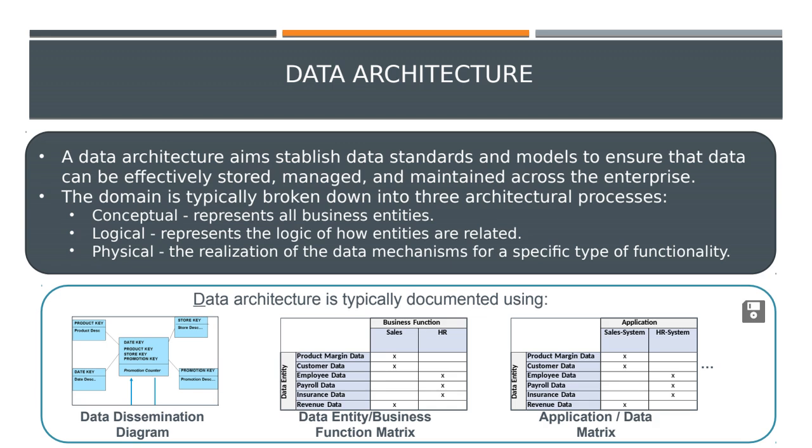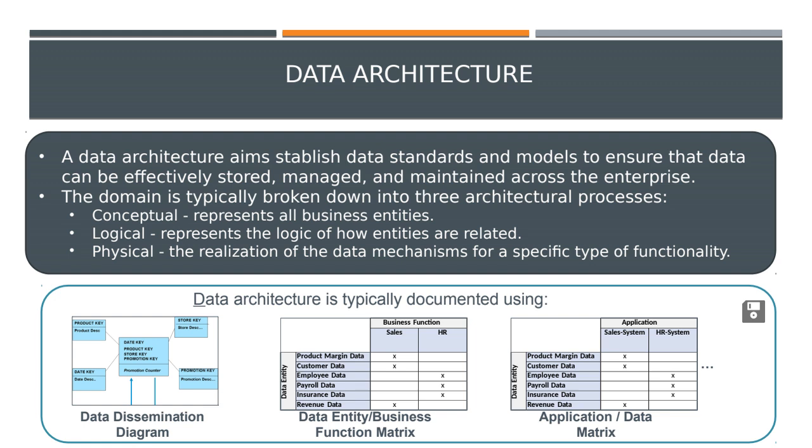Then we have the data architecture. Here we're focusing on the data standards and models: how they are stored, managed, transferred, maintained, and how they are secured. It's divided into 3 architectural processes: conceptual, logical, and physical.